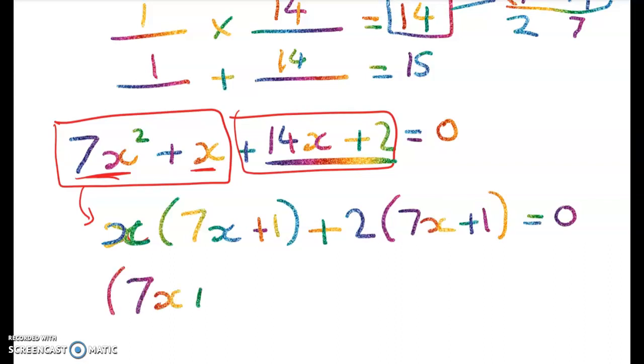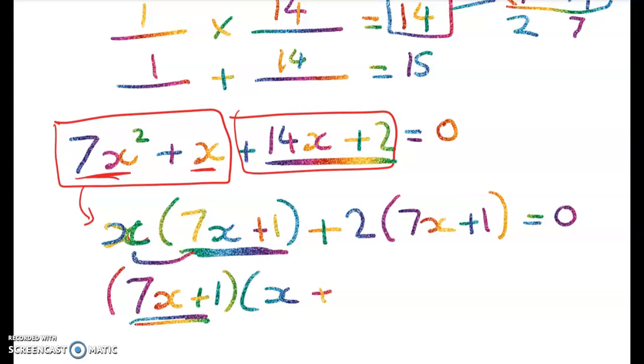So let's take out our common factor first of 7x plus 1. 7x plus 1 times x plus 2 equals 0.